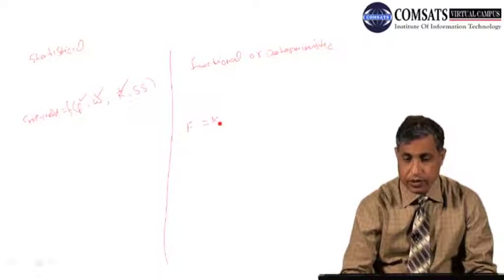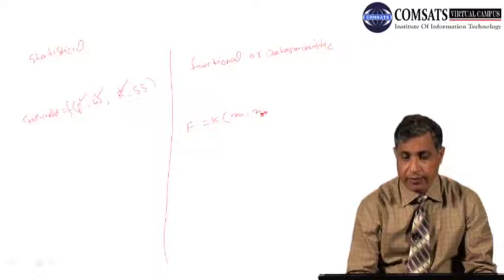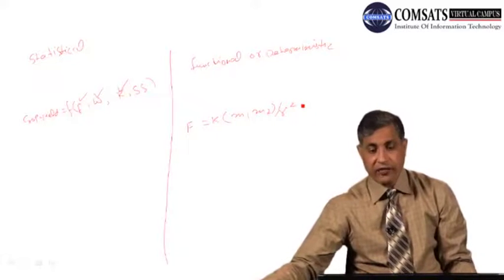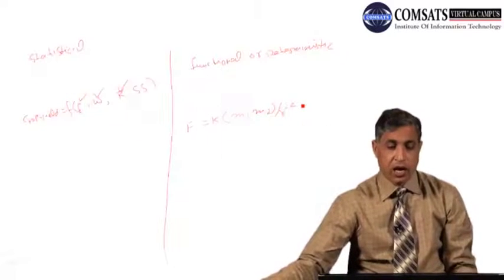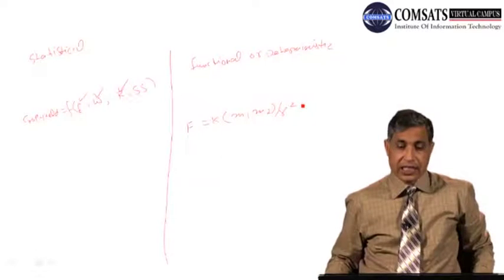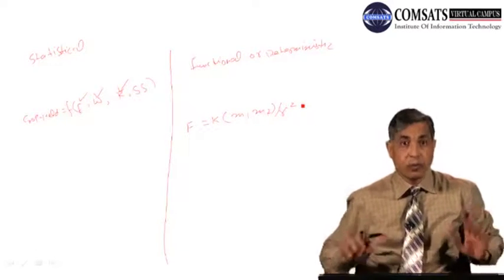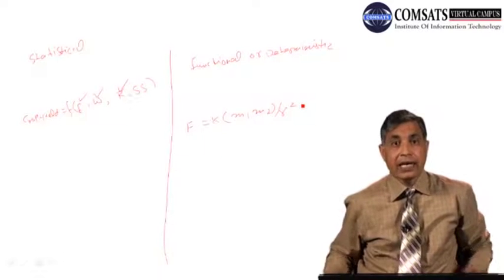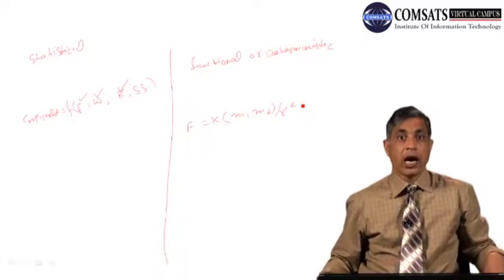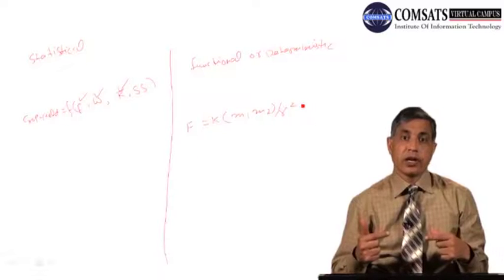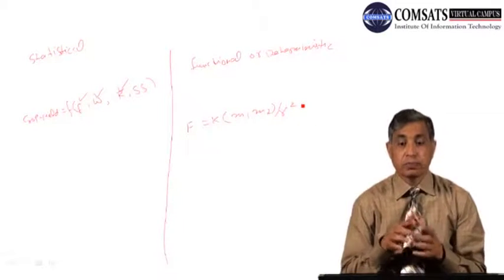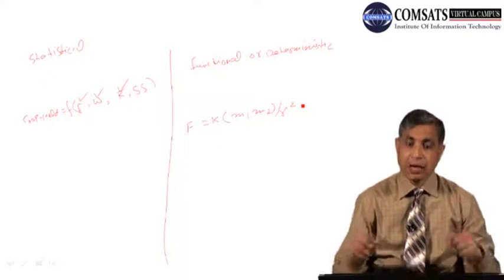K into M1 M2 over R square. This is the fundamental law of gravity of Newton. What this law says is that any two particles in this universe attract each other with a force, and that force is proportional to their masses.